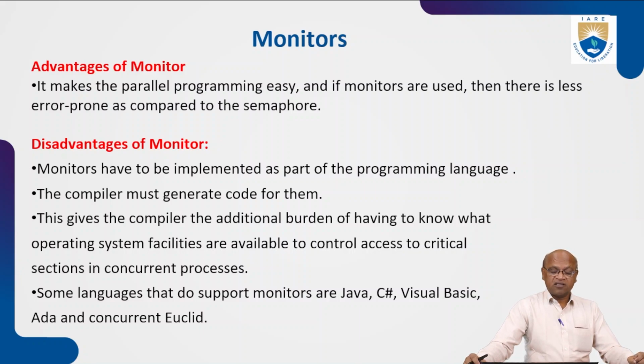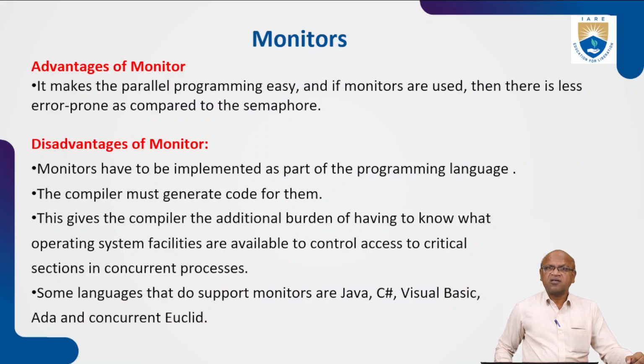Some languages that do support monitors are Java, C Sharp, Visual Basic, and Concurrent Euclid. So the monitor is also a technique like semaphores, but it is a package, whereas a semaphore is a variable used in the program, kept in the operating system to control concurrent synchronization.